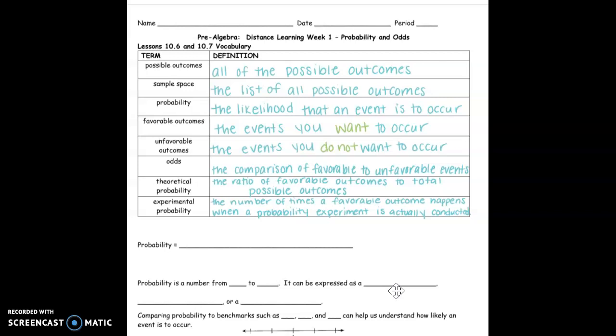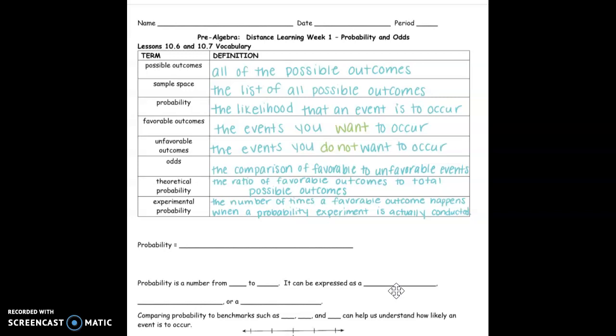Theoretical and experimental probability are the last two definitions that we are going to look at. Theoretical probability is the ratio of favorable outcomes to the total possible outcomes. So it's the favorable we want to have happen over the total possible outcomes, and theoretical probability is like existing in a perfect world. Experimental probability is what actually happens.